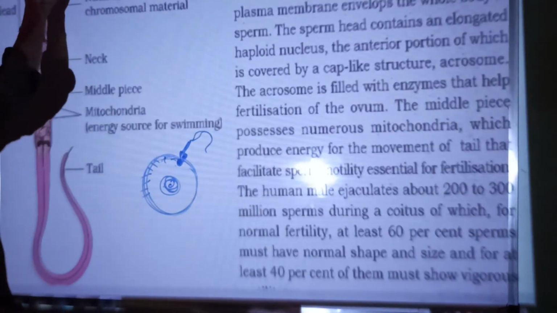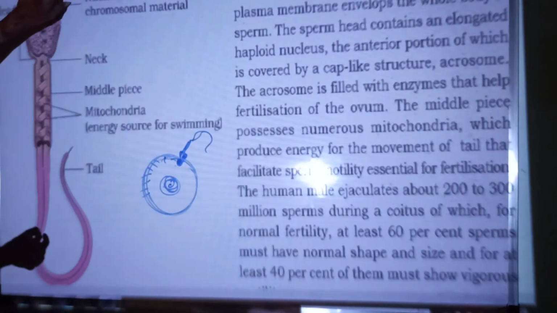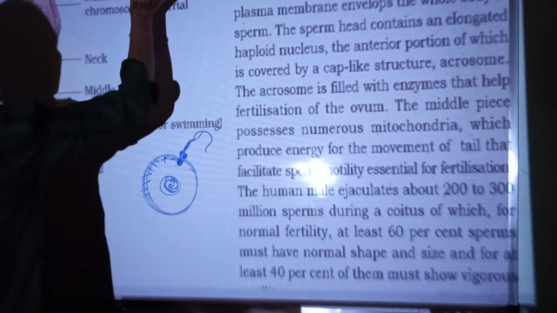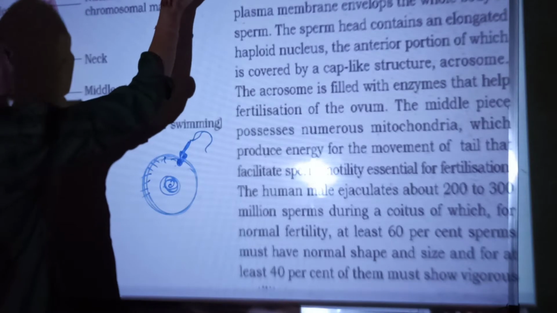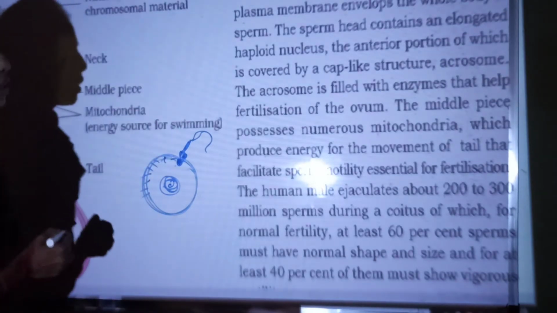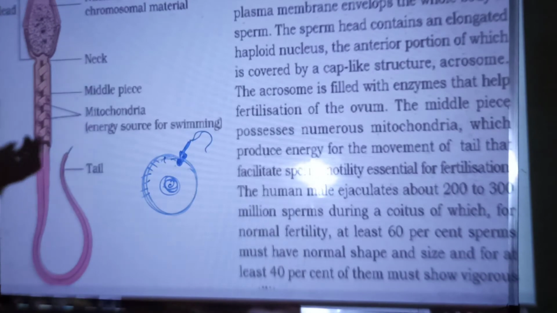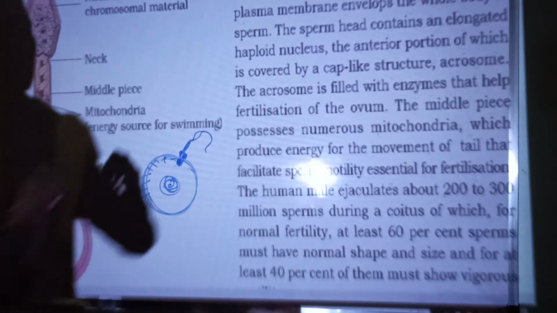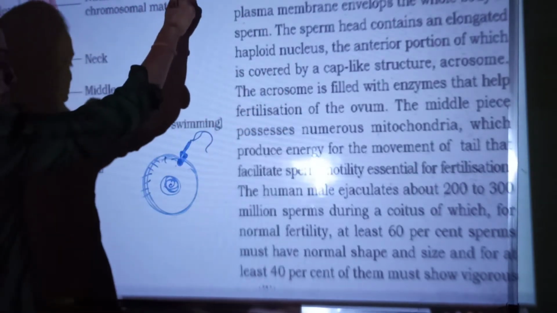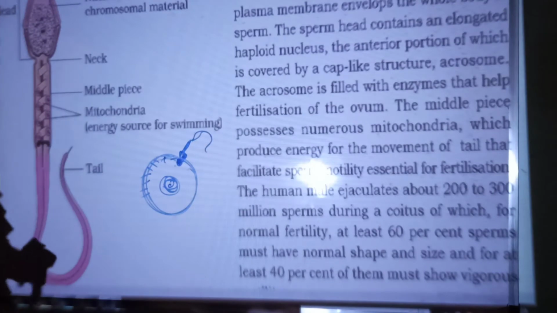The name of the enzyme is hyaluronidase. Okay, again important term. So the acrosome is filled with enzymes that help in fertilization of the ovum. It's not just a single enzyme, there are other ones also, but this one plays a crucial role in dissolving the wall of the ovum.